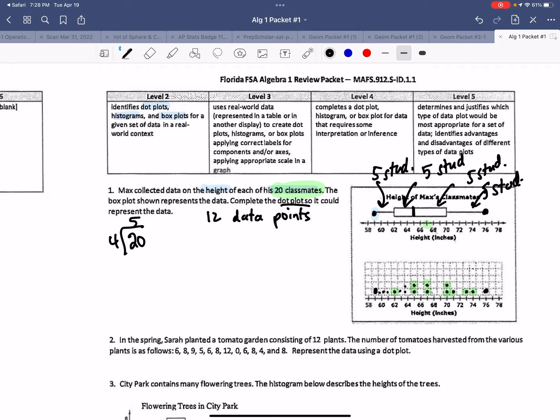Okay, so knowing that, I'm going to do a bit of a start over. I need 5 people in each of these quarters. That's why they're called quartiles.